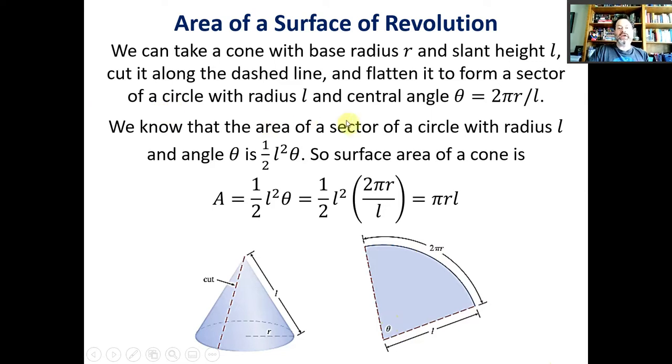And then we know that the area of a sector of a circle with radius L and angle theta is 1/2 L squared theta. This is a geometric fact you learned a long time ago. It should make sense though, right? Because if L is the radius, the area is pi r squared, but that's for a whole circle. We're only going around theta units.